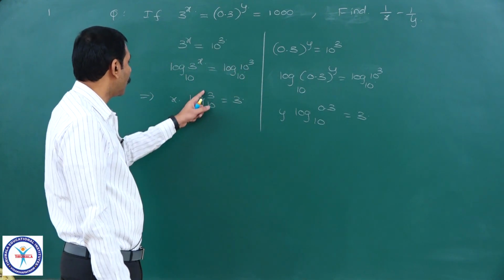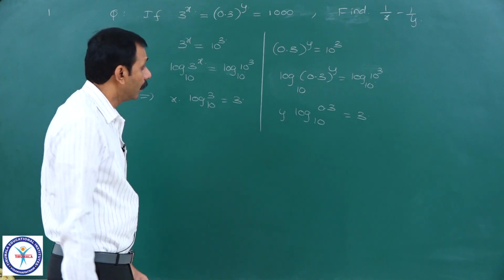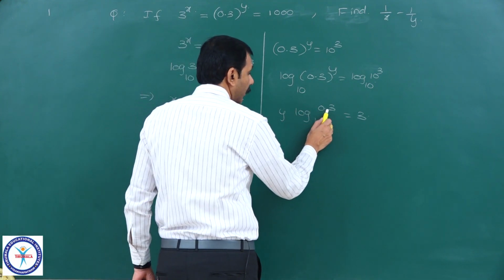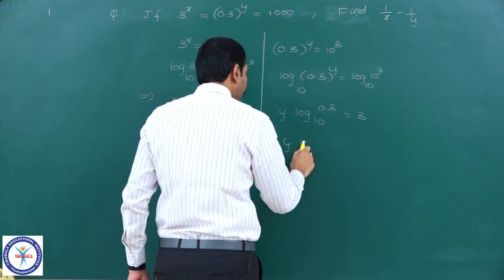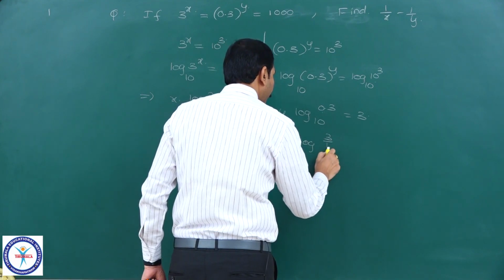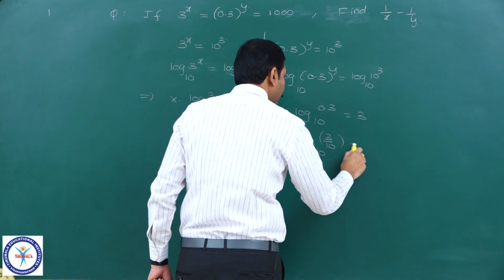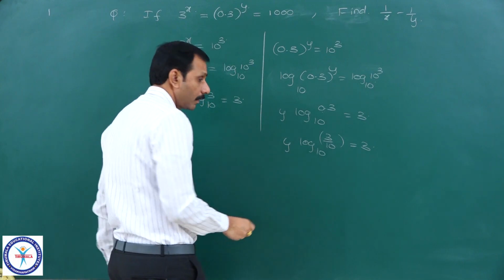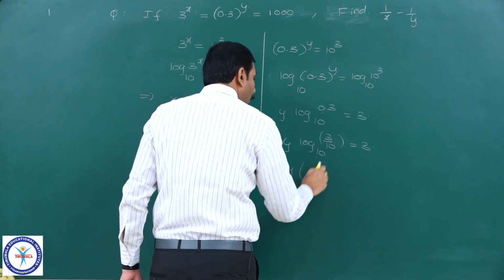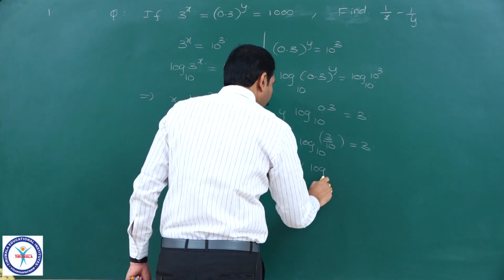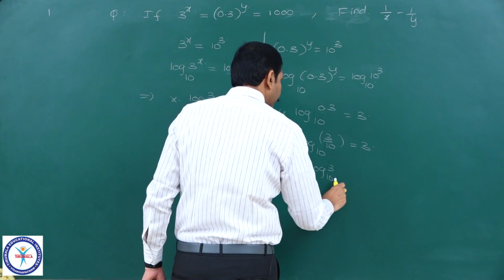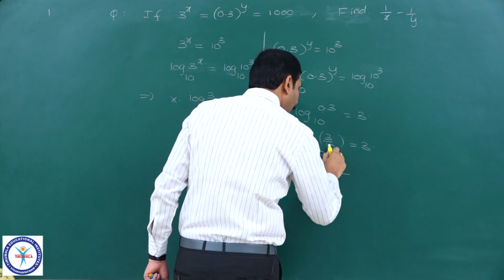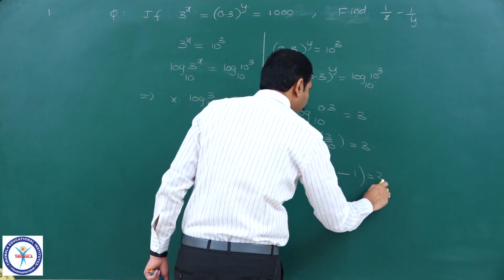Now, you see here log 3 to the base 10 I know. Here also I will try to write in terms of 3. It is y into log 3 by 10 to the base 10 is equal to 3. Therefore, it is y into log a by b, log 3 to the base 10 minus log 10 to the base 10, 1, is equal to 3.